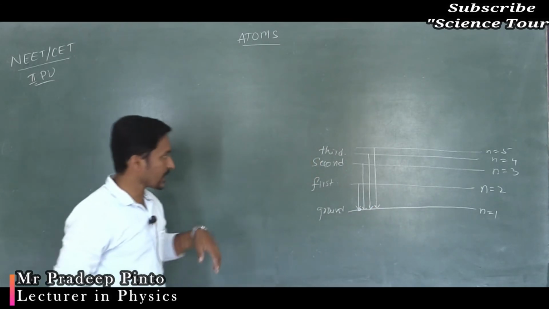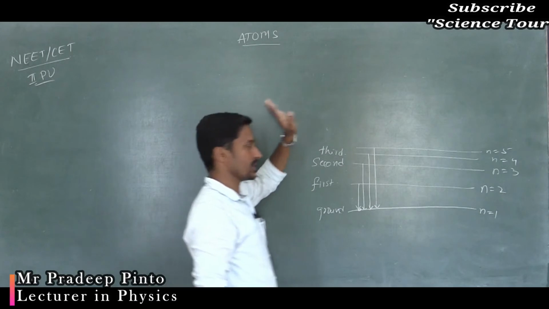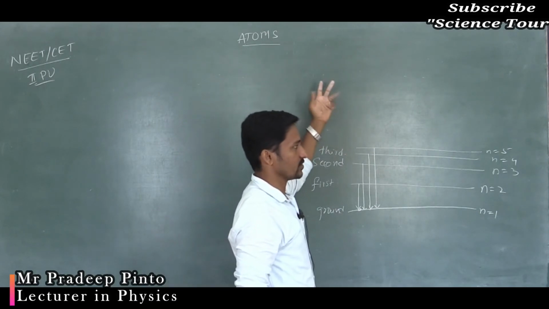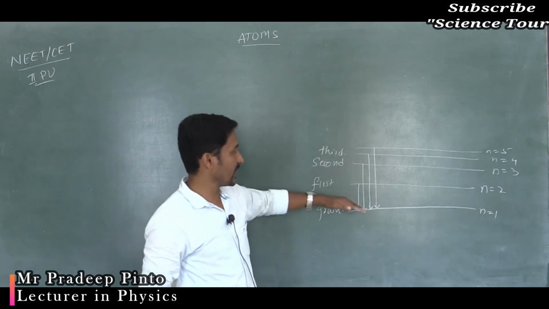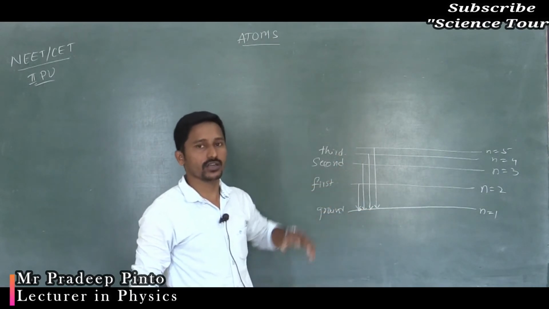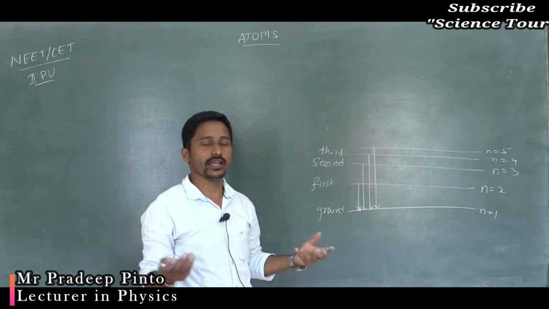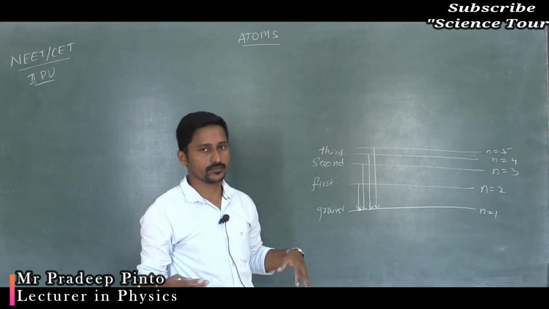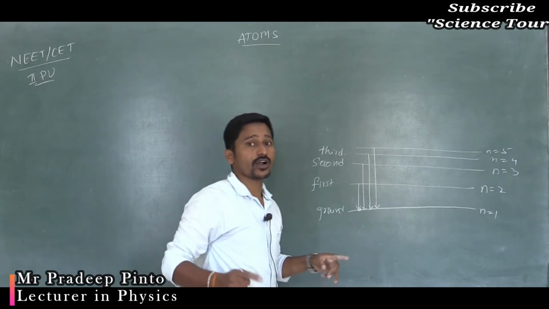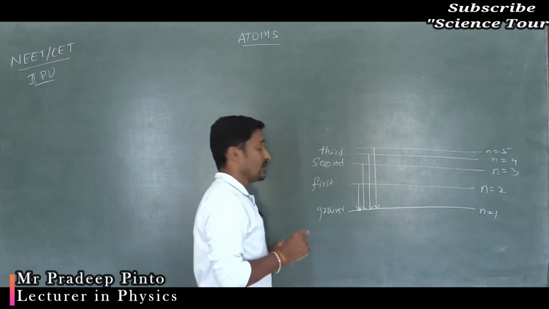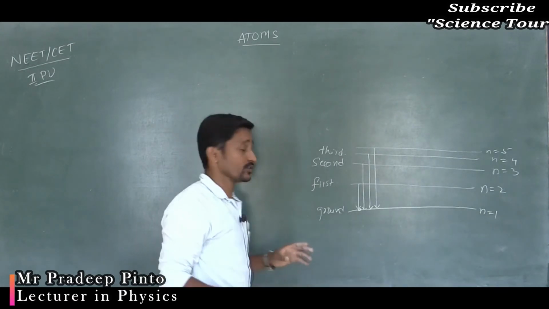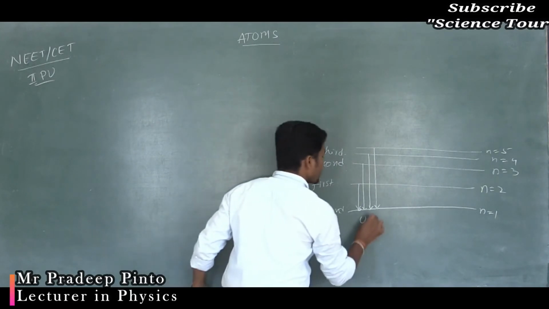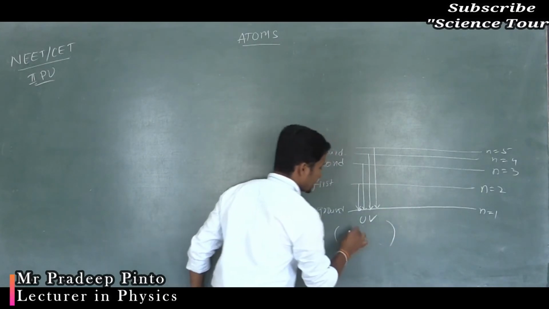All the electrons which have gone to the higher states must come back to n equal to 1, the ground state, by emitting whatever energy they have absorbed. If they come to n equal to 1, then which series or spectrum will you get? You get the ultraviolet spectrum, which was detected by Lyman.